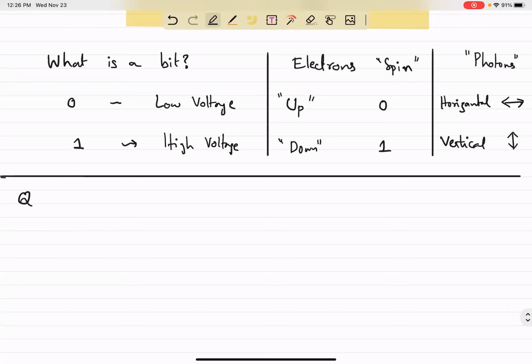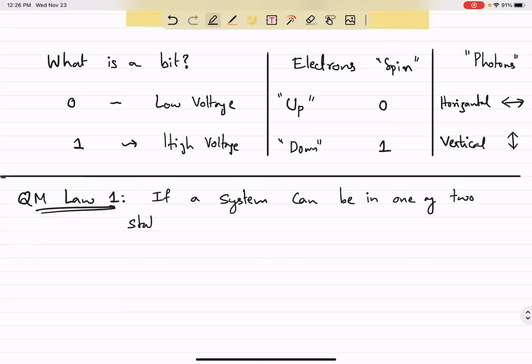Okay, so the first law of quantum mechanics, which we will generalize later to higher dimensional things, but let's just focus on a single qubit. If a system can be in one of two options, we will denote the two options as 0 with this strange notation, a slash and a greater than symbol.